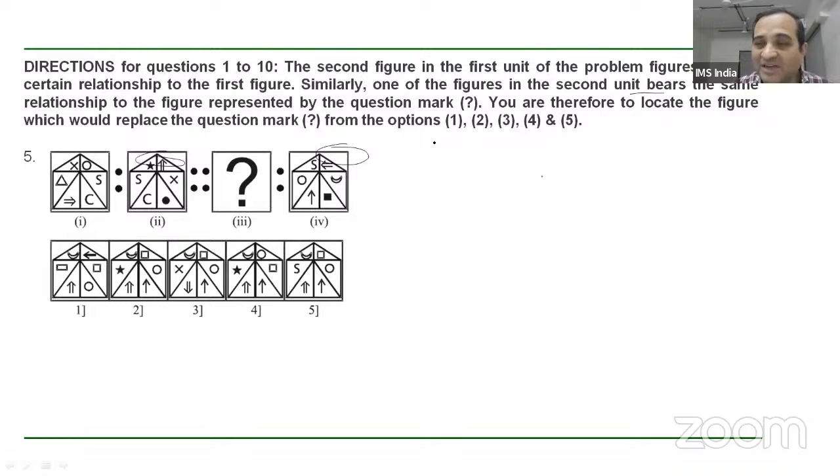If it rotates 90-degree clockwise, it should point north, and can I say it should be on the bottom left hand side? It is there in the bottom left hand side everywhere. So at least I am able to eliminate option number 3.